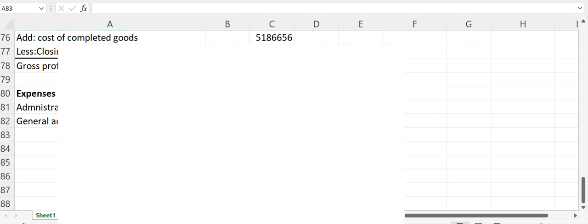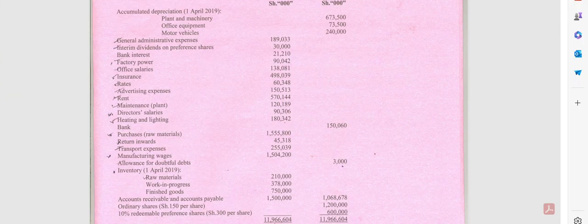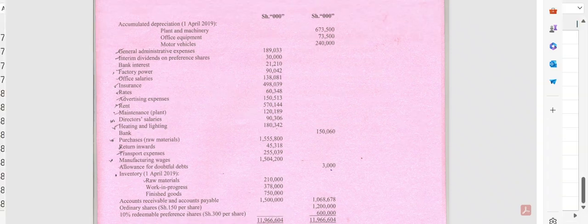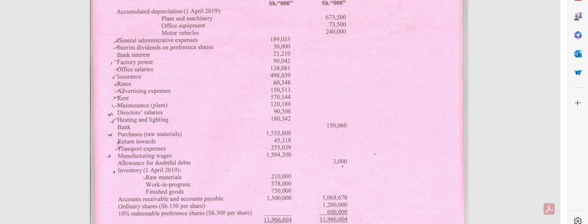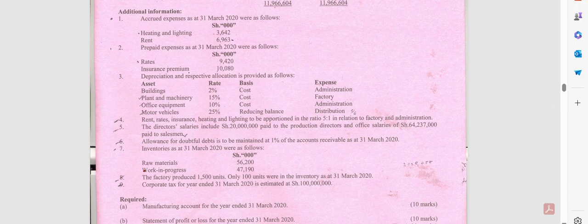So let us continue. Office salaries. What were we told about office salaries, by the way? Let us go to the additional information. The director salaries include 20,000 paid to production directors and office salaries of 64,000 paid to salesmen.